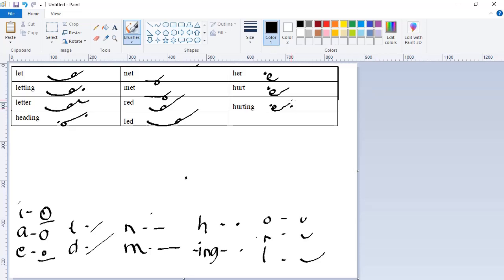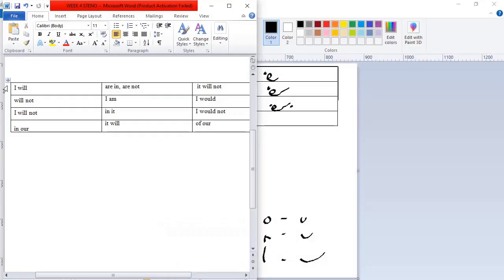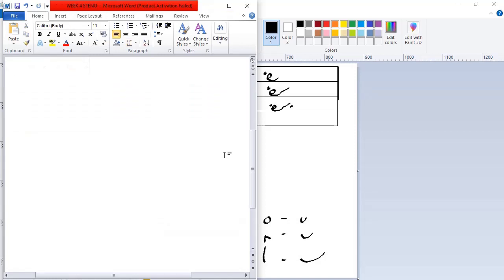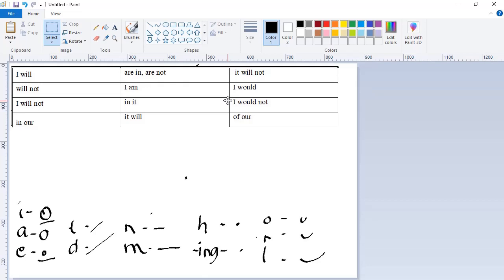Okay, so now let's move on to our next and last part of this lesson. And that is what we call the phrases or brief form phrases. So these phrases are written as one word stroke. So for example, I will.